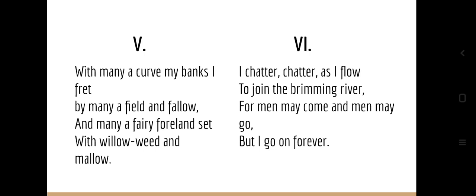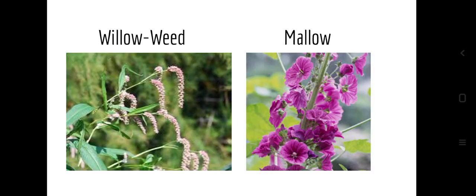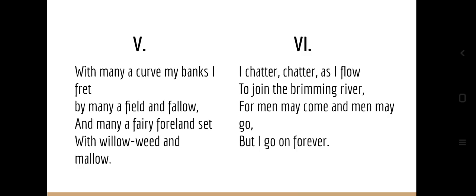Foreland is a piece of land that extends into the sea. And with willow weed and mallow. Willow weed and mallow are sorts of plants. Let me show you the image. See, this is willow weed and the other one is mallow. Again, it tells us the things it encounters on its way.